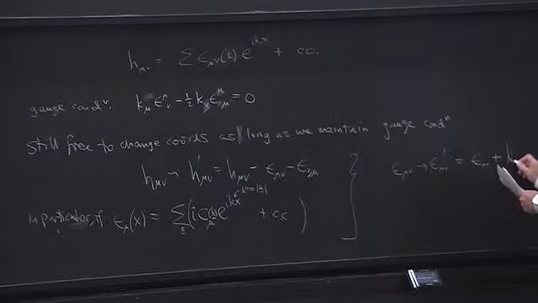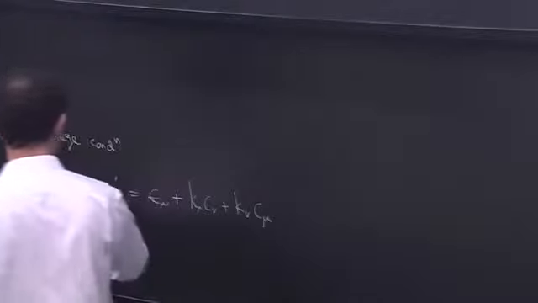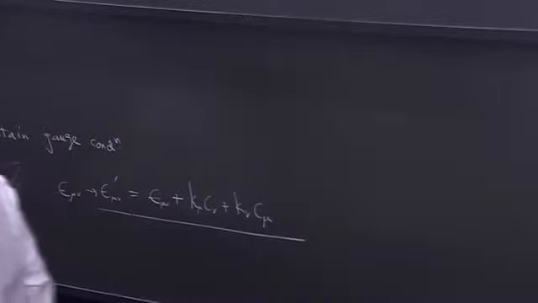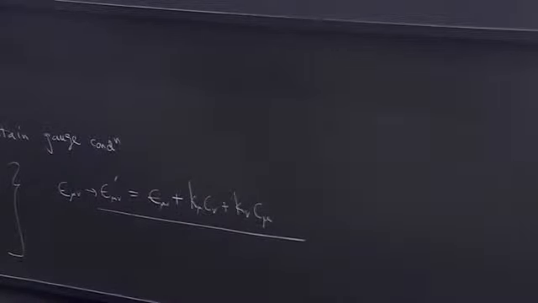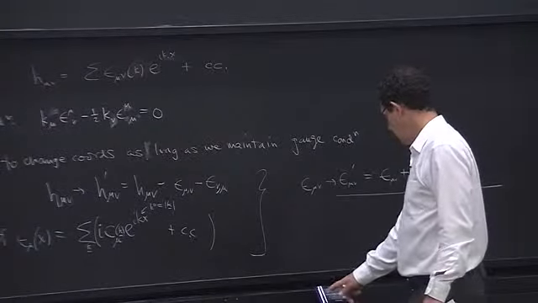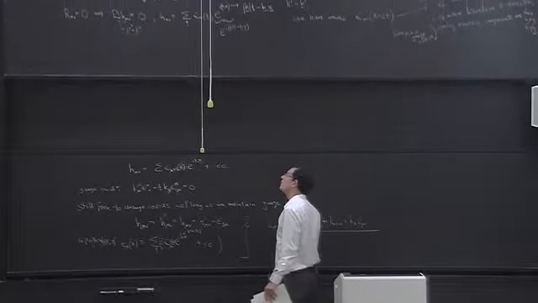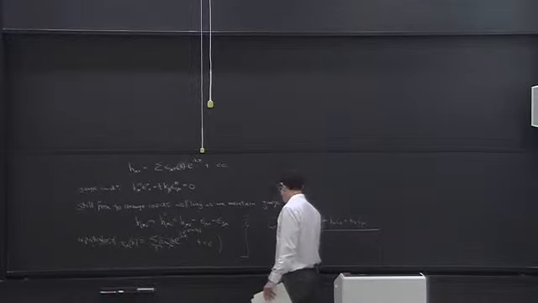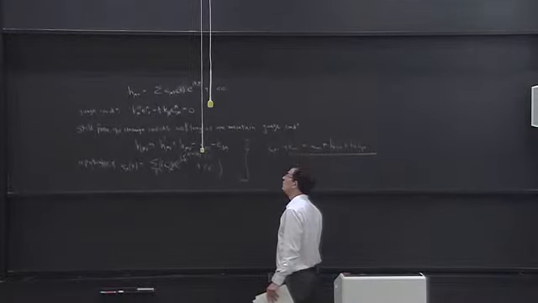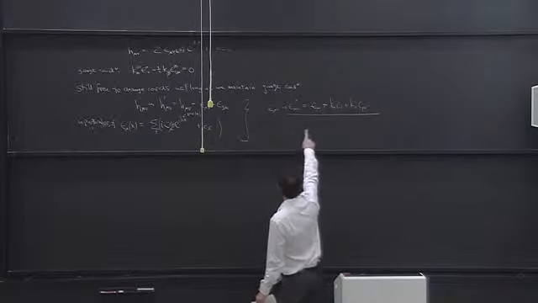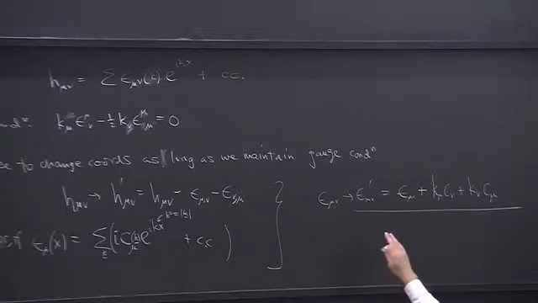So I'll get epsilon mu nu plus k mu c nu plus k nu c mu. Okay, so coordinate transformations which themselves obey the wave equation just have this effect of shifting the polarization tensor epsilon.